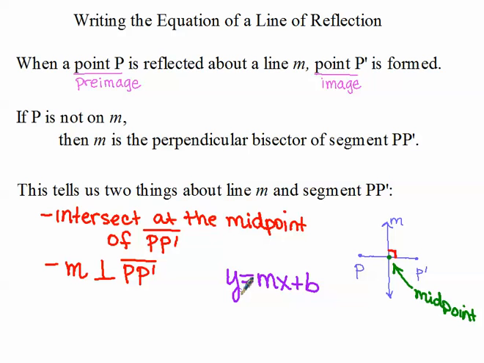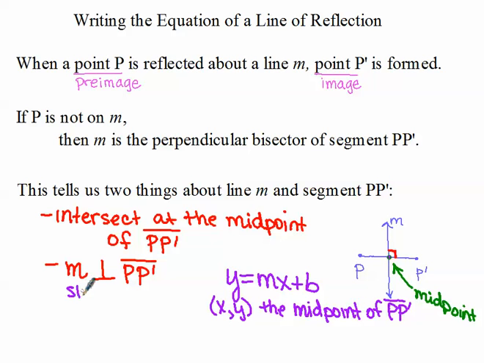So in this case, if I look at the line, remember I have one point right here, that midpoint, that is on the line. So I'm going to use x and y as the midpoint of segment P P prime. Now as far as the slope is concerned, if I know the coordinates of point P and I know the coordinates of point P prime, then I can find the slope of that segment. If I know the slope of the segment, then that takes us back to this.